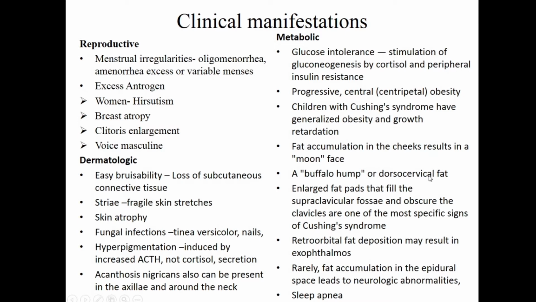So they'll appear huge, okay? And that is known as a buffalo hump. Enlarged fat pads that fill the supraclavicular fossa. There will be lots of fat in that area. This is one of the most important presentations that you'll see in patients with Cushing syndrome.